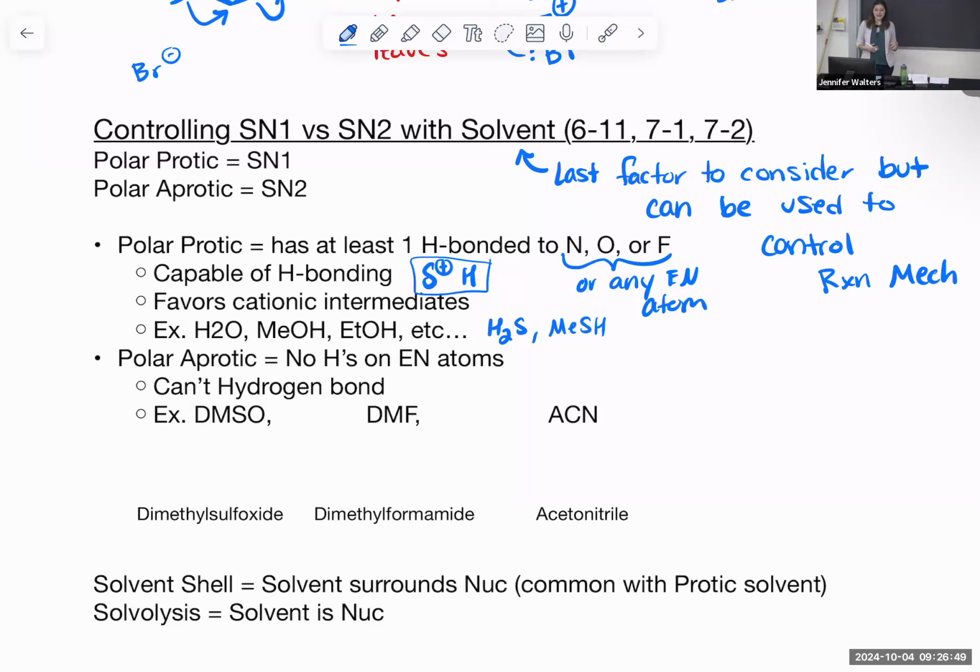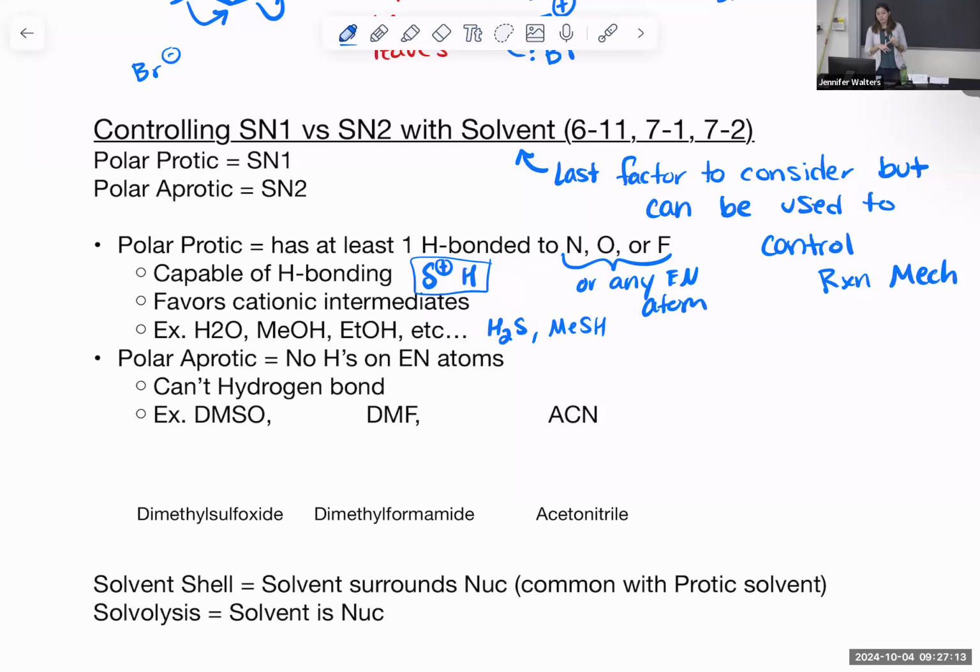So if you get a delta positive hydrogen, it's going to stabilize the carbocation. And the reason why is because you're usually going to have some sort of anionic electronegative atom that can help donate in to stabilize the positive charge, yeah.